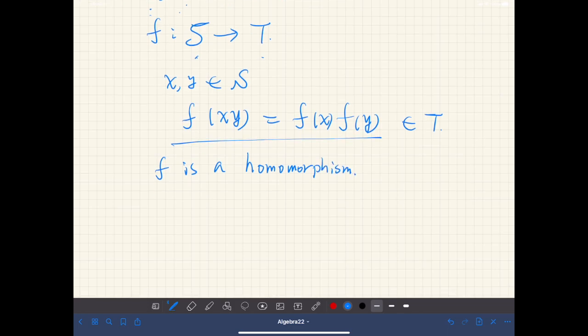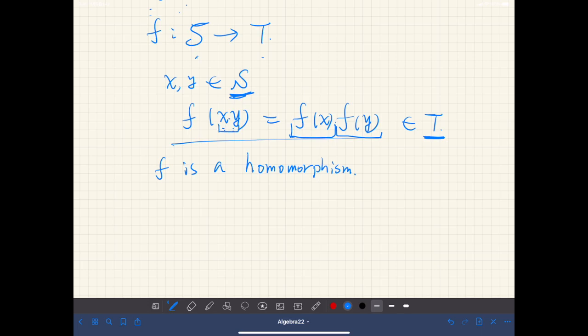Be careful. Here xy means the binary operation, multiplication between x and y within S. On the right hand side, the multiplication between f(x) and f(y) is the multiplication within the semigroup T. So these multiplications have different meanings.